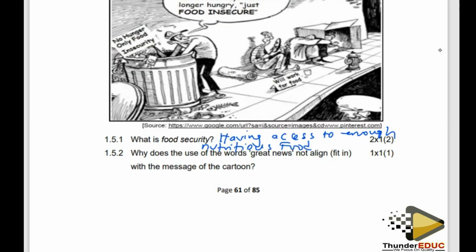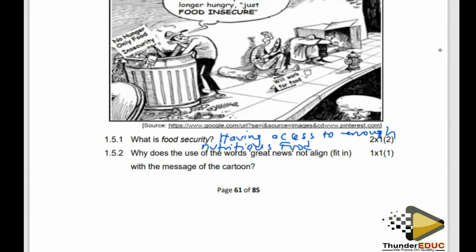So the concept here is enough nutritious food. That is what the examiner or the marker is looking for. When they say the word food security, because we know what food is, security refers to safety. Therefore, if you have enough food which is nutritious, that means you are secure or safe of food.